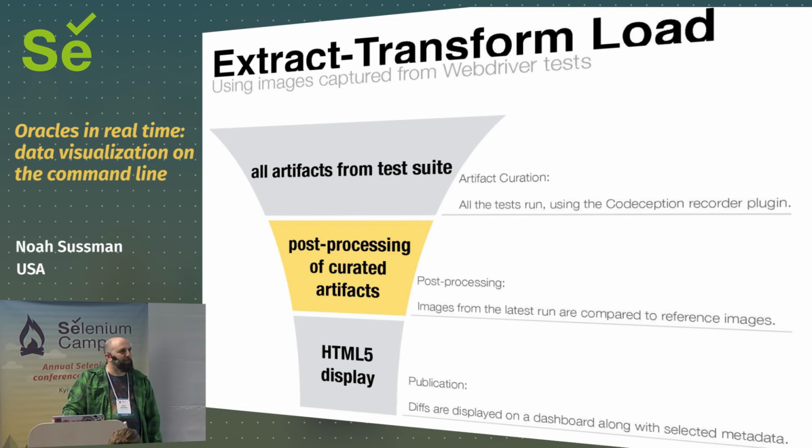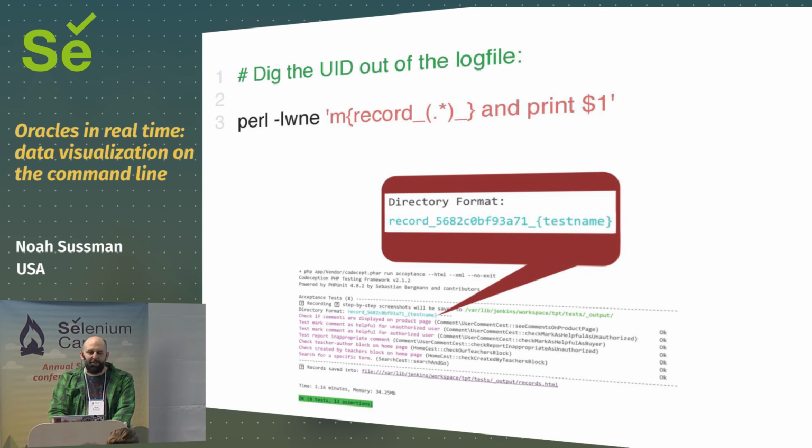One of the things that Codeception does is automatically wrap all of your Selenium commands with a little function that also takes a screenshot. So like Sauce Labs, or like a lot of other services, you get a screenshot of every step of the test, and that puts you in a nice position to be able to diff two different runs against each other because you have the same number of screenshots and they're the same pages, and you just need to diff them.